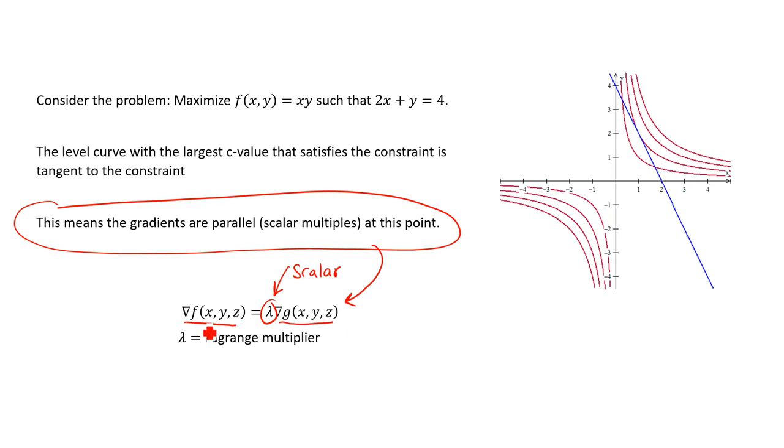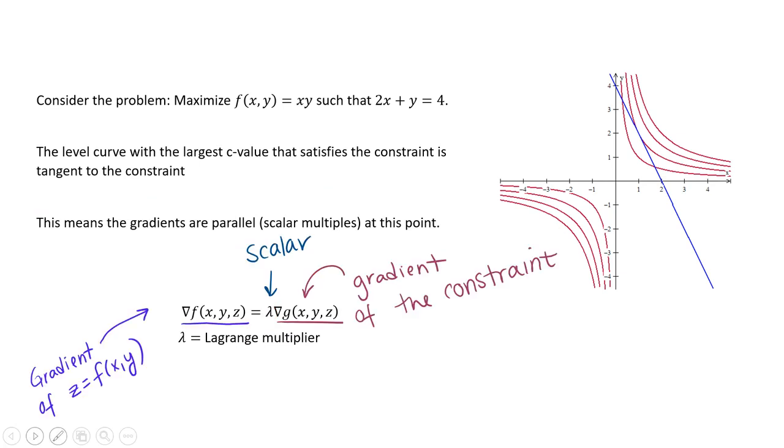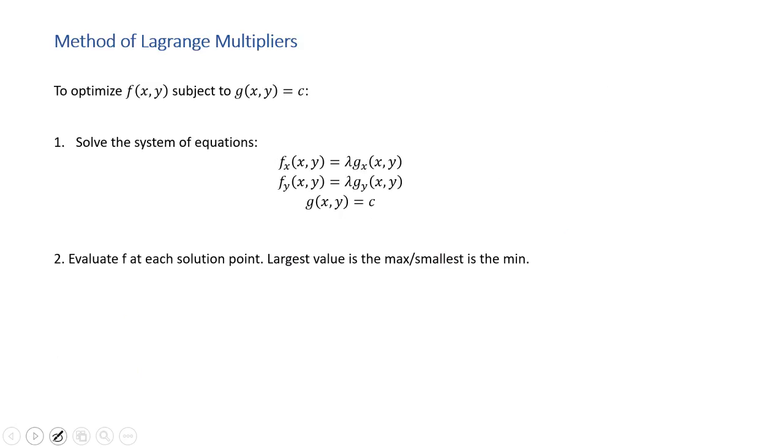That lambda, we're going to call our Lagrange multiplier. That's the name of it. So the gradient of our function equals a scalar times the gradient of the constraint.